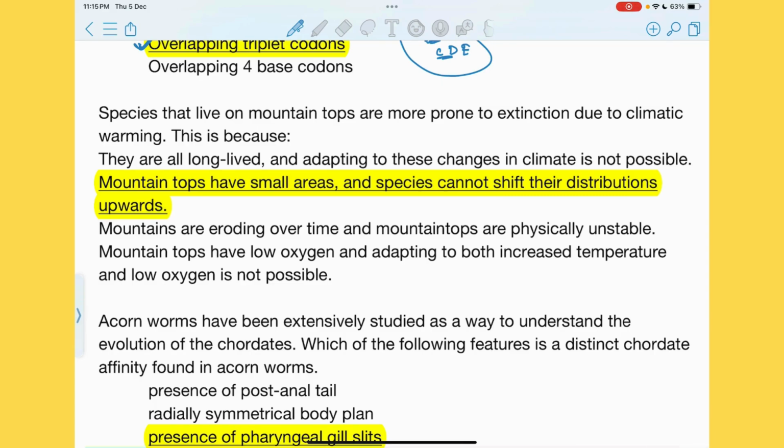If the temperature of the earth keeps increasing, the higher the altitude, the more stable and suitable the temperature will be. But if they are already living on the top of the mountain, at the peak, there is no further possibility to move higher. So this will make them more prone to extinction due to climate warming. So the correct option is option number 2.